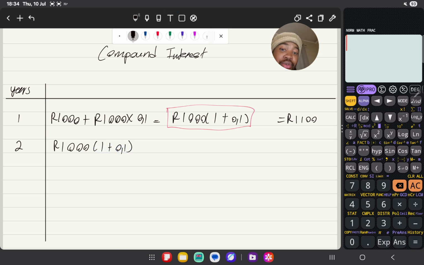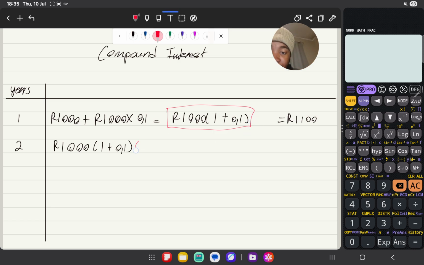Now remember, this is year two, and this is the money I have, because this amount gives me exactly this. So this is the money I'm investing at the beginning of the year. When I invest it, I'm going to gain interest, and we see that the money you end up with is the money you invested plus that money times the interest, which when you factorize is the money that you invested times (1 plus the interest), right?